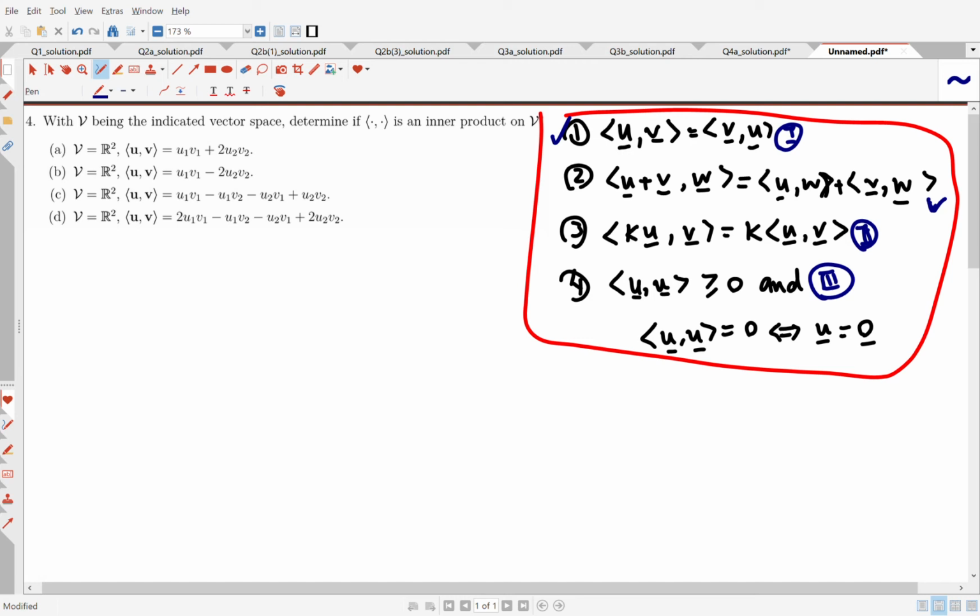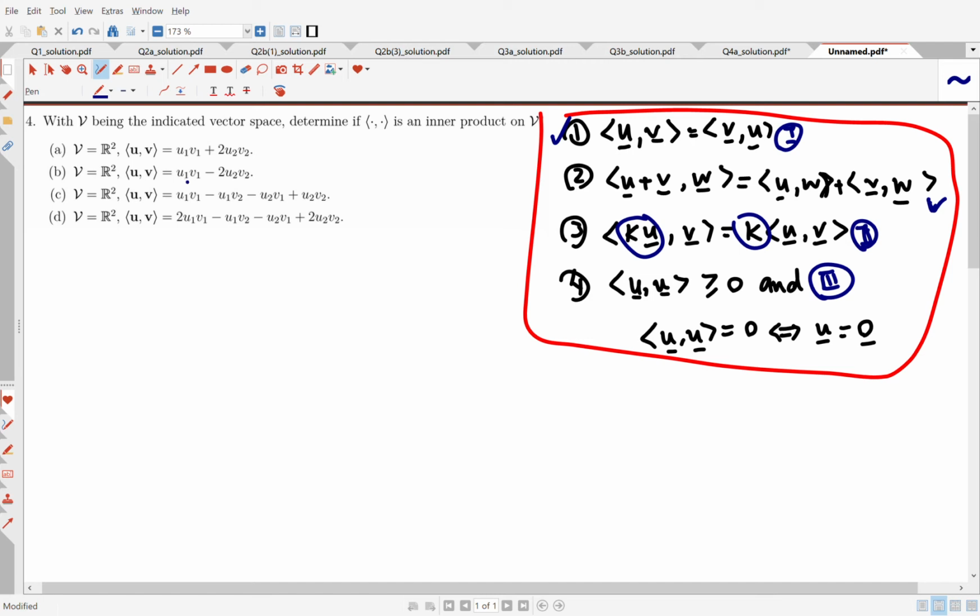Next, let's check whether 3 is correct or not. This 3 is also quite easy to check. It is basically, can I take out my k? Meaning that can I factorize k out?